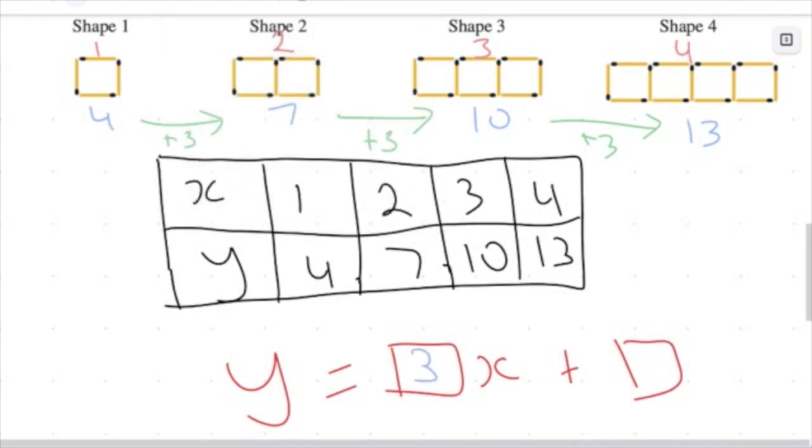Because my gradient, my coefficient of x, the number before x, you may remember from our last videos, tells us how much y changes, how many steps y takes up for each horizontal step to the right in x. So I found my gradient, right?